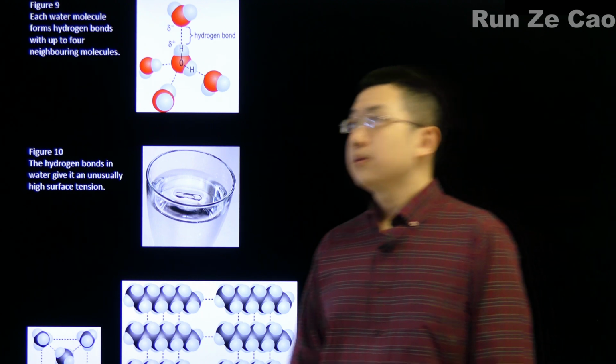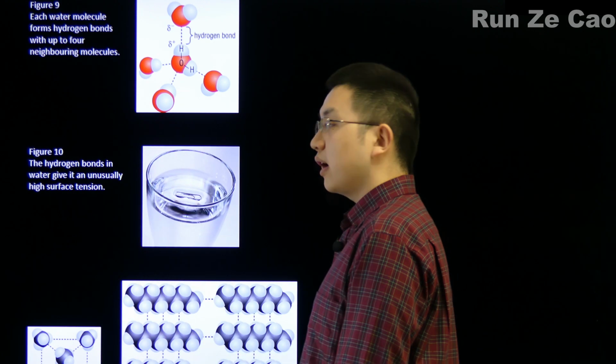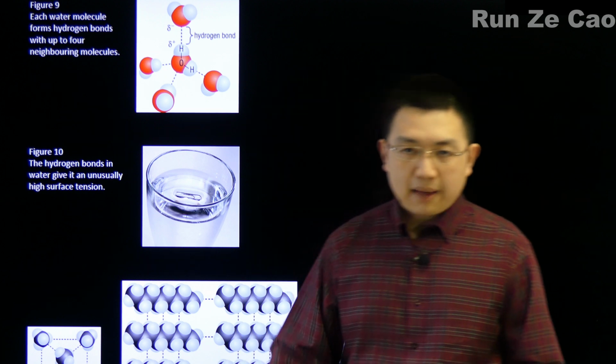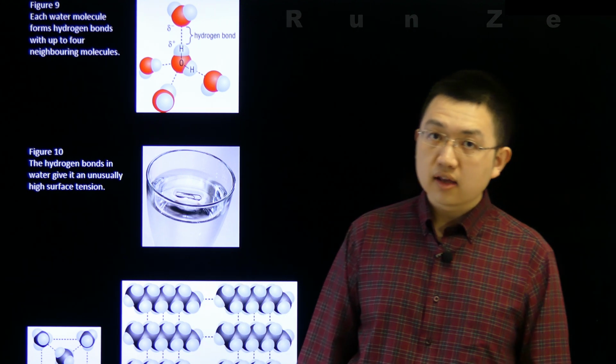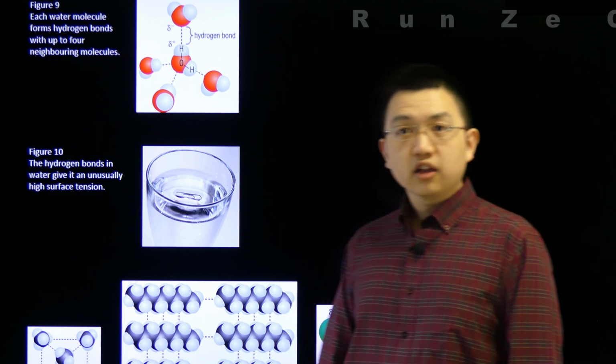Now, what do you think happens when this freezes? Well, the hydrogen bonds enable the establishment of a crystal lattice, which gives water the unique property of being less dense as a solid than it is as a liquid. So ice floats.